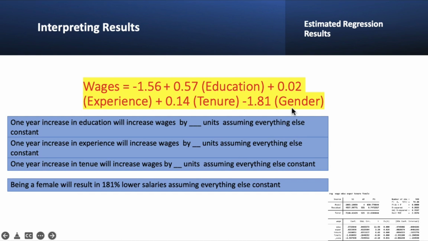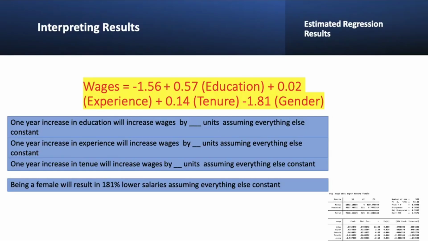Similarly, I'm not very inclined to interpret gender over here because gender takes the value of 0 or 1, and in our estimation we're using 1 for a female and 0 for a male. So in the case of a female, the wages are less by 1.81 compared to the male.